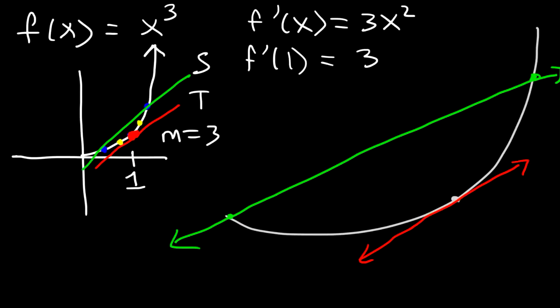But if I choose 2 points that are very close to the point of tangency, which is at x equals 1, then I can use the slope of the secant line to approximate the slope of the tangent line, which is what I want to do in this example.